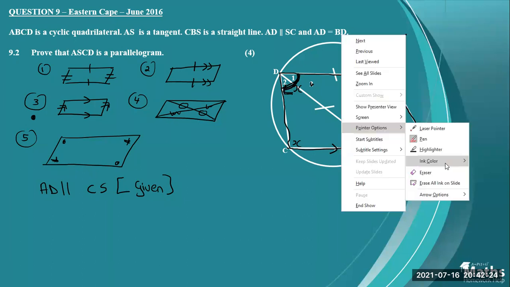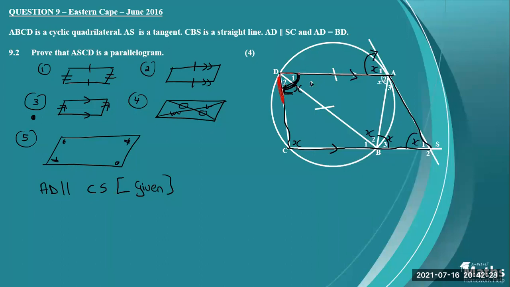It's not so easy to see. You see? So that's why I say I work with arrows and it's sort of easier to see it. So that one is your parallel and this one. So it actually forms alternate angles. Therefore, this side is parallel to that side.